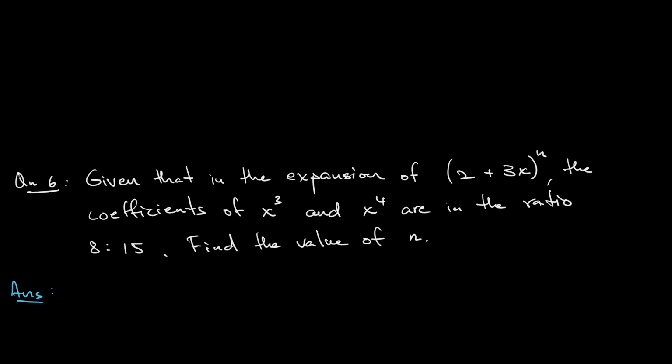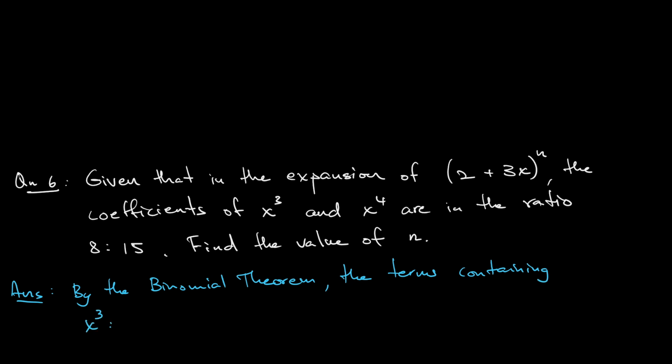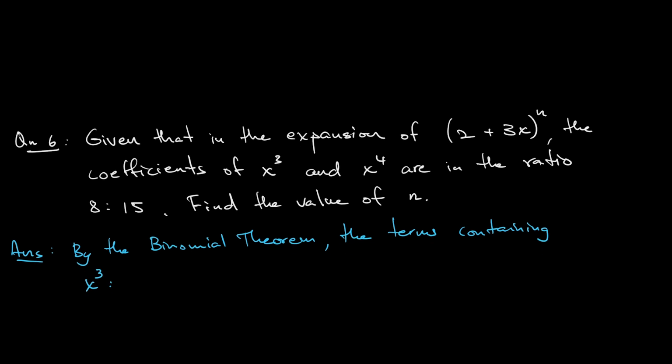So here, obviously in the expansion of this expression, the binomial theorem would need to be used, right? So by the binomial theorem, the term containing x^3 would need to be, right, this, which means that the second term needs to be raised to the power of 3.